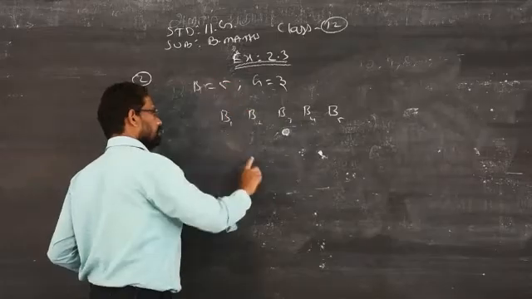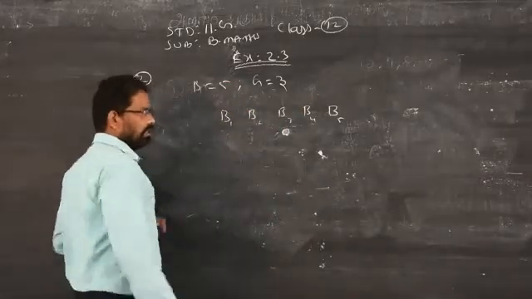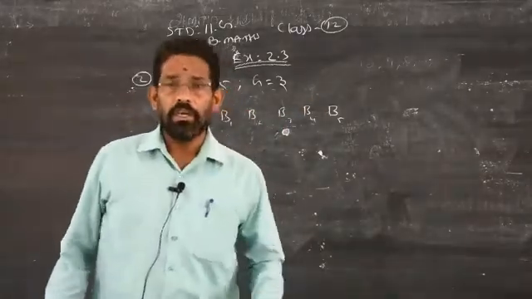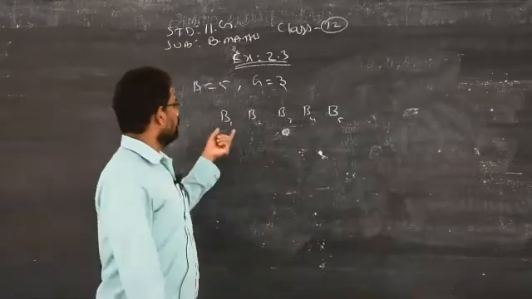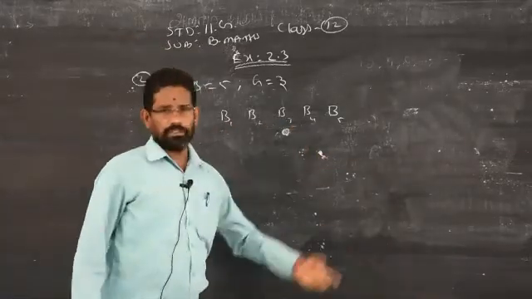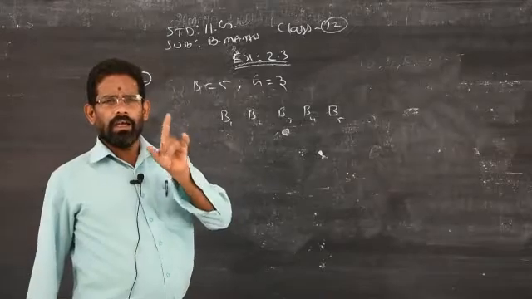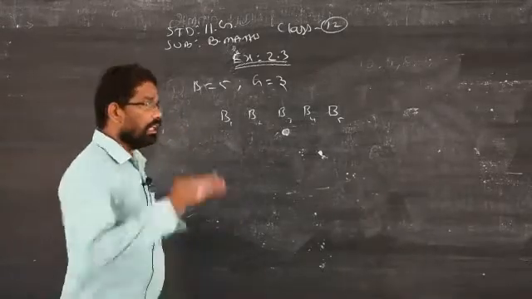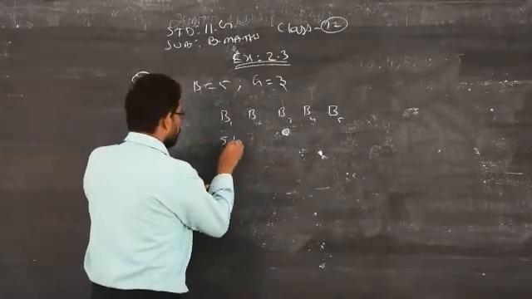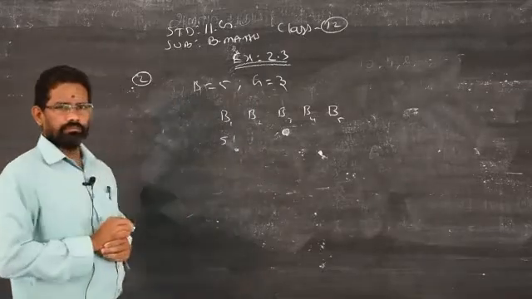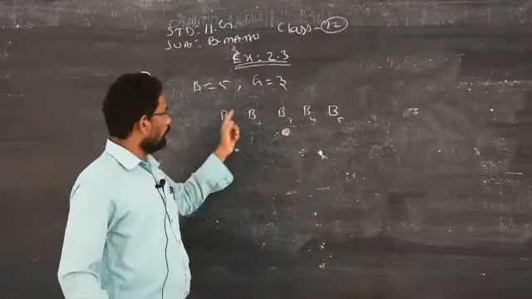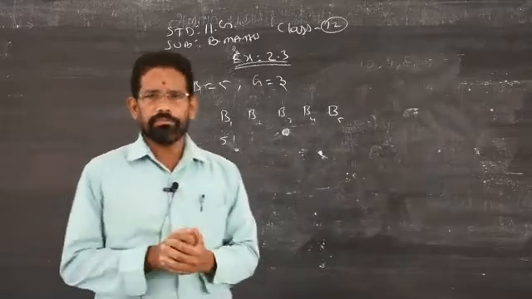If you take the second boy, he also has the same number of possibilities. Third boy also the same. Fourth boy is also able to sit in all these places. So each boy has an equal number of chances. In such a case, you have to take 5 factorial, the arrangement of boys amongst themselves.